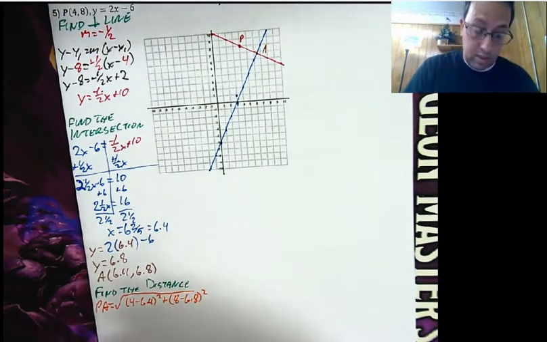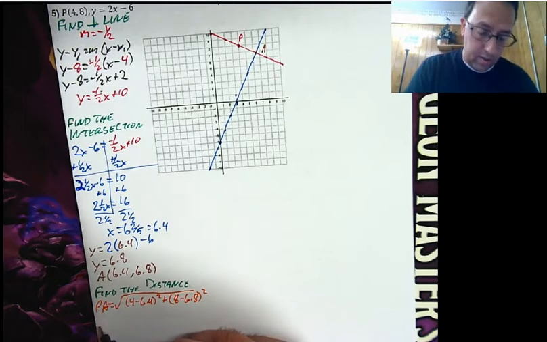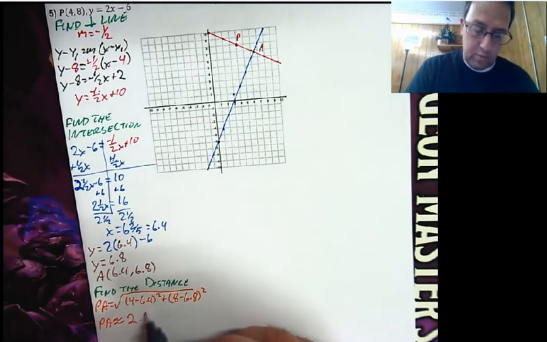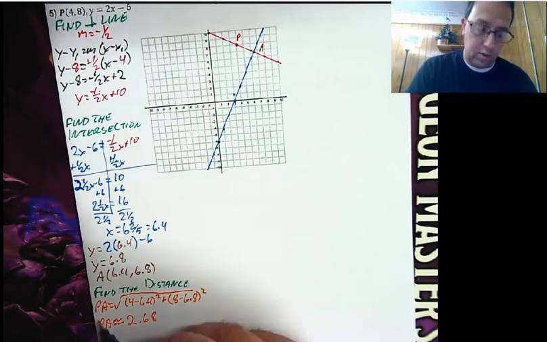And we will take this lovely mess there and type that all into our calculator. And so the distance of PA is approximately 2.68 units.